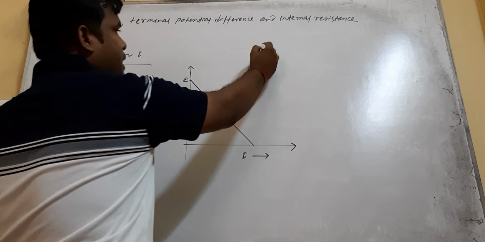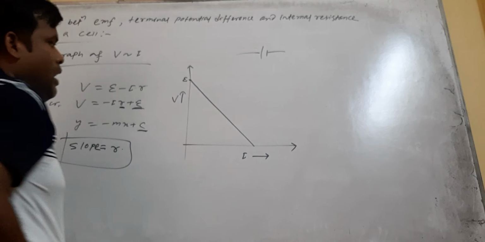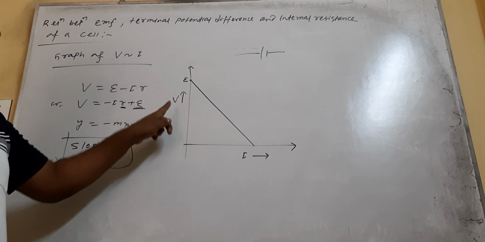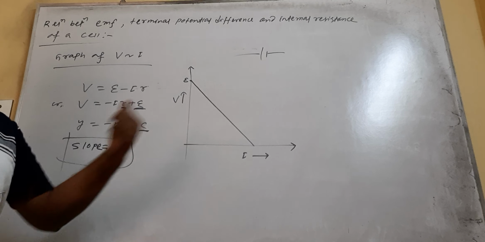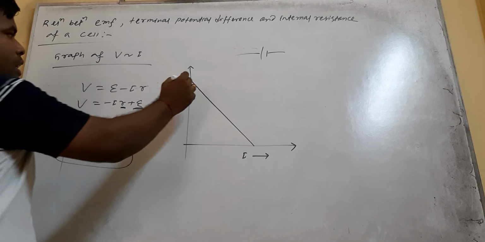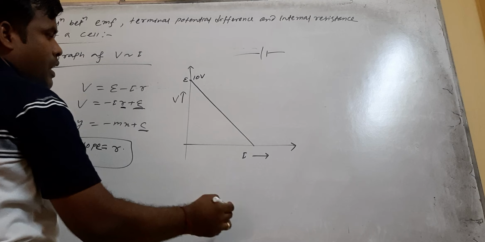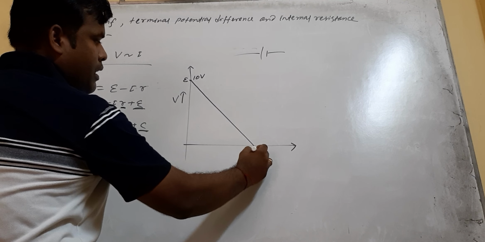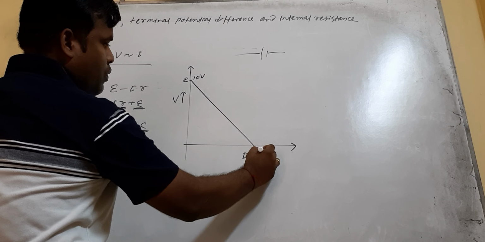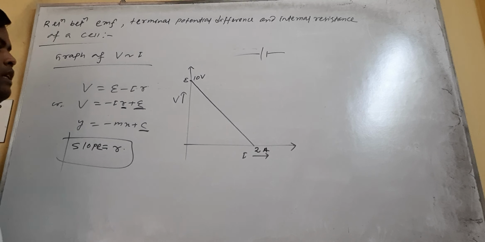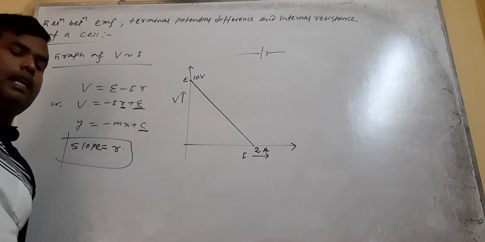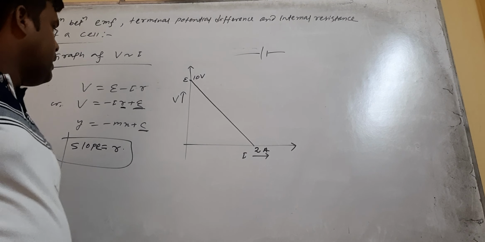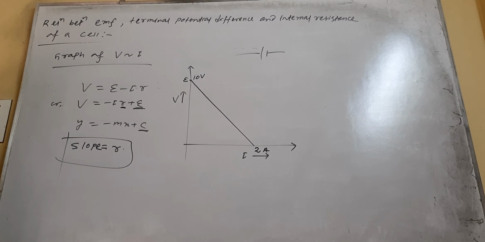Suppose you have a cell and this is the graph of the terminal potential difference of this cell versus the current flowing through it. Here let it be 10 volt and here let it be 2 ampere. So now, what is the EMF of this cell and the internal resistance of this cell?